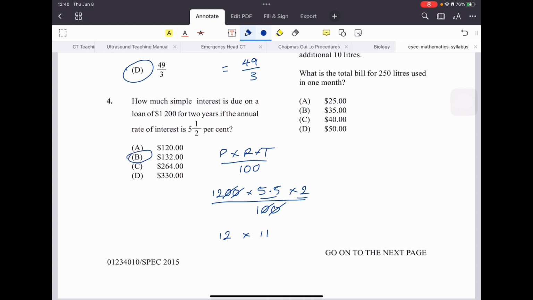Without a calculator, 12 by 10 is 120, and then I just have to add a 1 again to the 12, plus 12 now, and you'll get 132. If you want to go and work it out as in long multiplication, you can do that. You have enough time in the exam to make sure your answers are correct. Okay, so my answer there is 132.